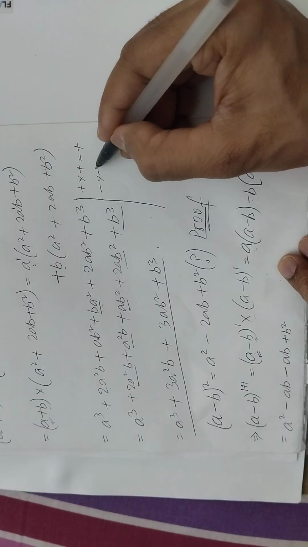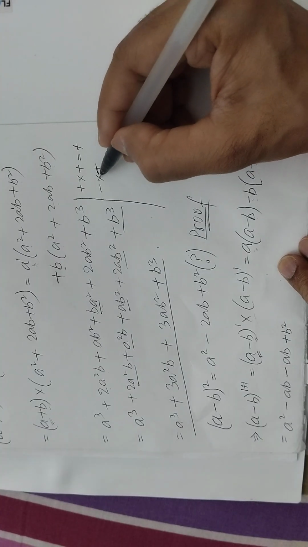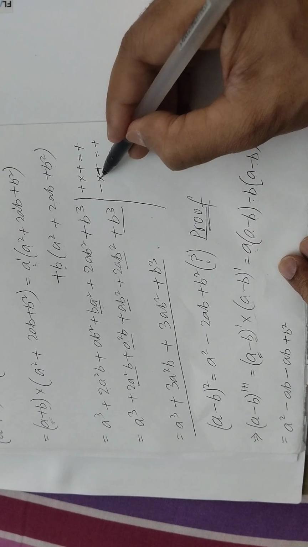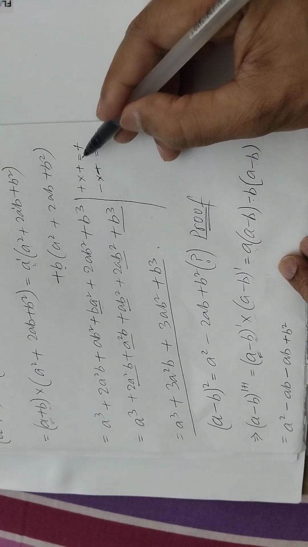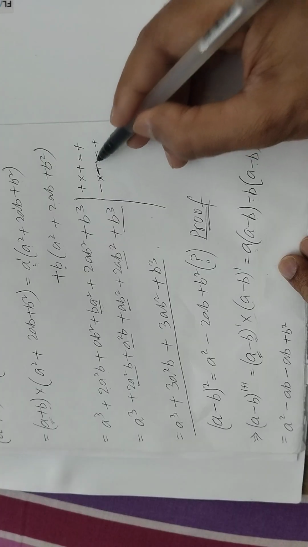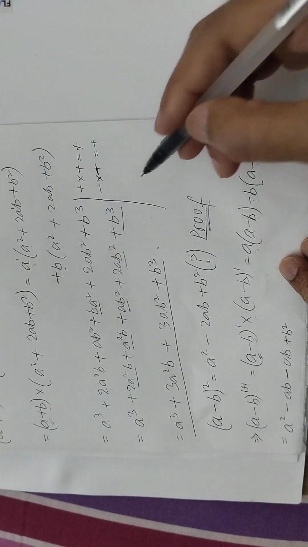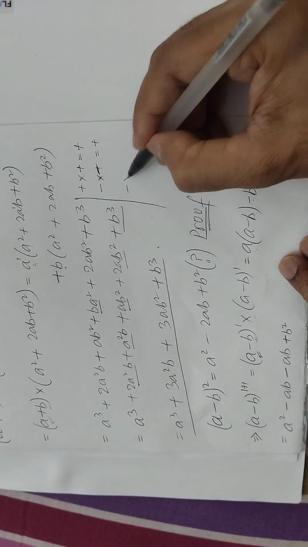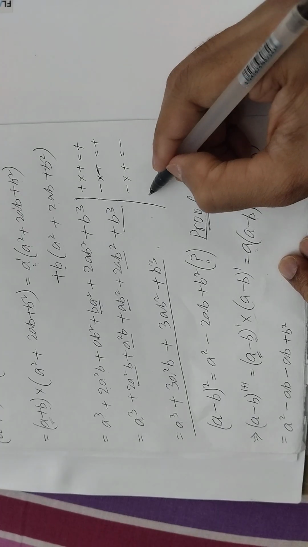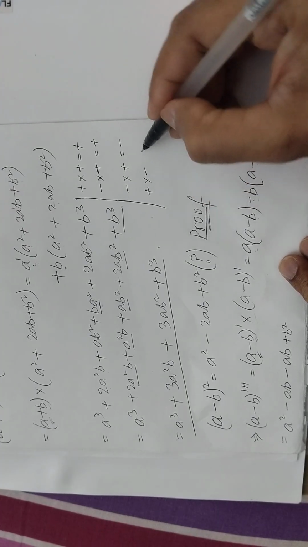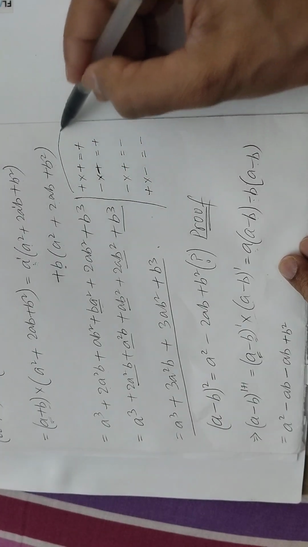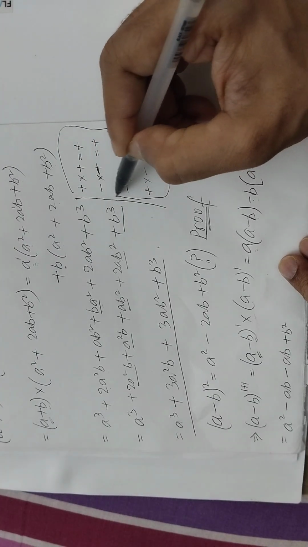Minus into minus is also plus. So there's the hint: when there are both pluses, you multiply, you get a plus. When there are two minuses, you get a plus. But on the other hand, if you have minus into plus, the result is minus. Or if you have plus into minus, the result is minus. So we need to somehow remember this.